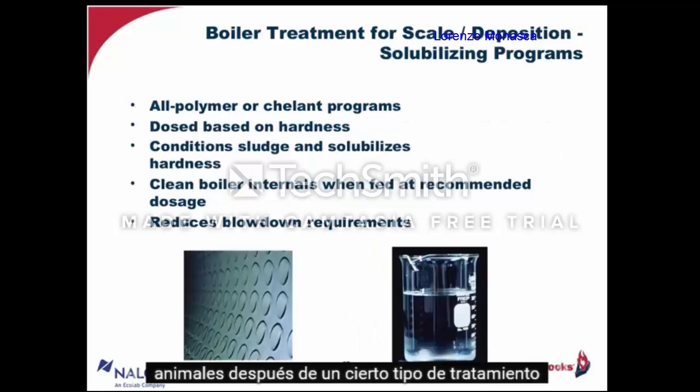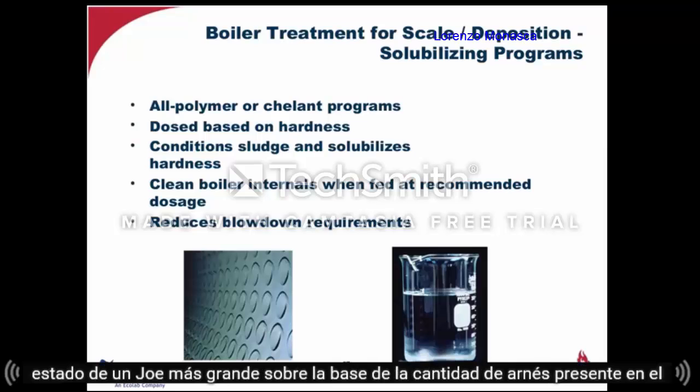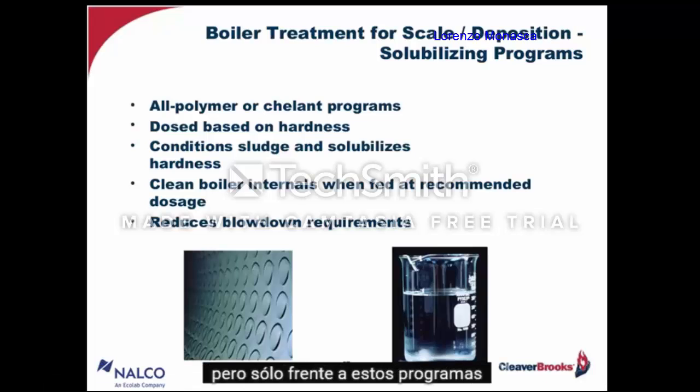And then the last or third type of treatment is a solubilizing type program. All polymer chelant programs are pretty typical of this category of treatment. They also are dosed based on the amount of hardness present in the feed water, but unlike the phosphate, these programs keep hardness soluble, and it conditions any sludge that does form from solids coming in, such as iron or precipitated material from elsewhere in the system.